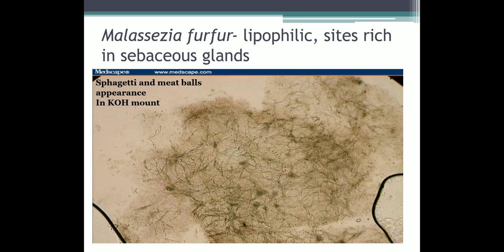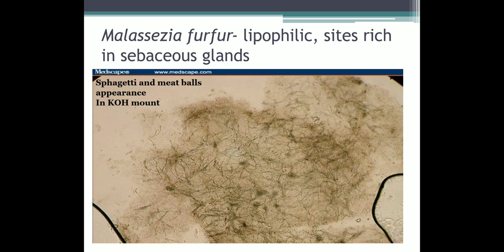A very characteristic feature of Malassezia is that it is lipophilic, in the sense that it is usually seen in sites which are rich in sebaceous glands. This explains the predominance of lesions on the exposed part of the body, namely the neck, face, upper part of trunk and upper arms.